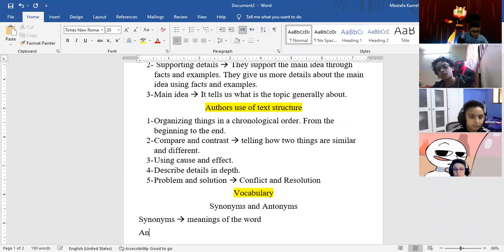What about the antonyms? Also the meaning? Nope. Abdurrahman, what do you think?